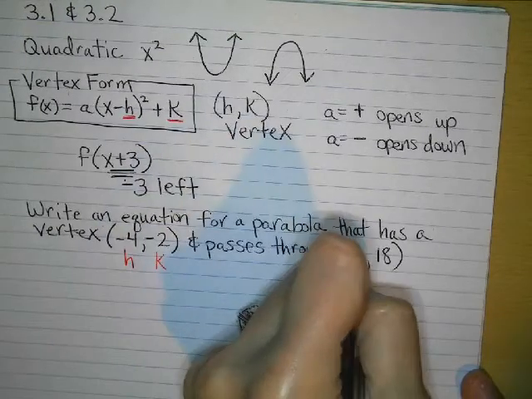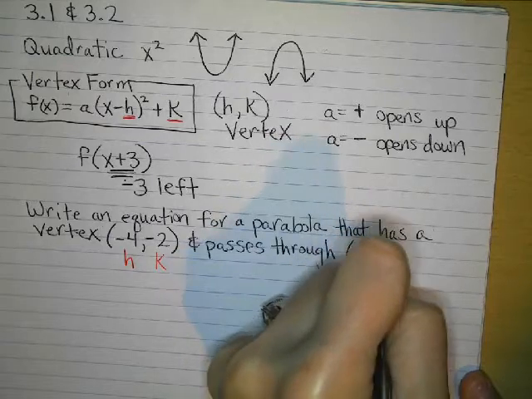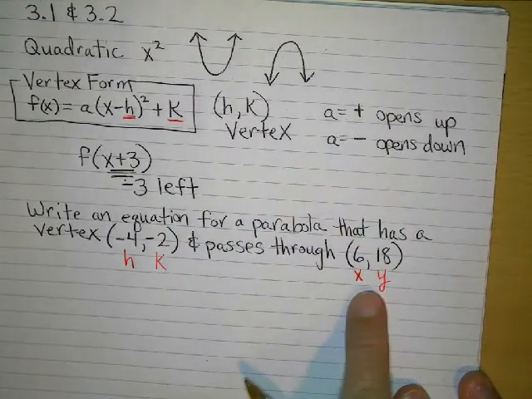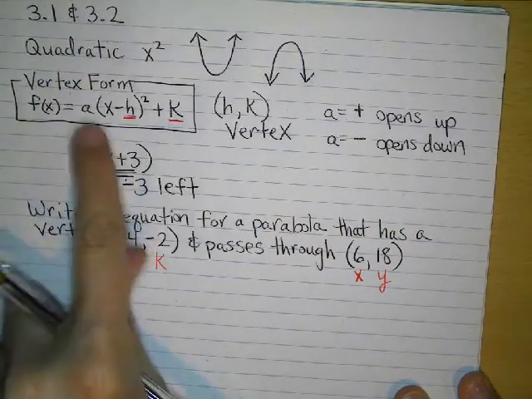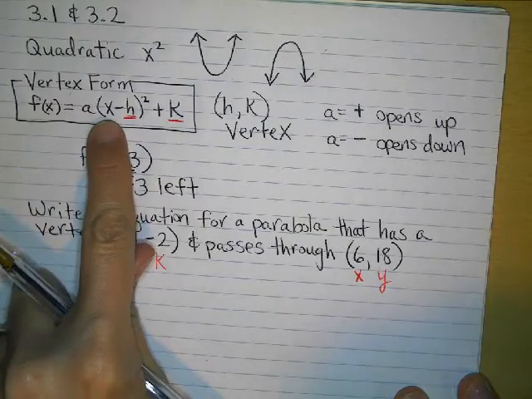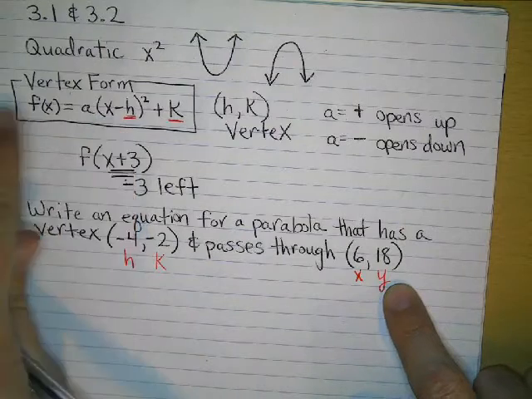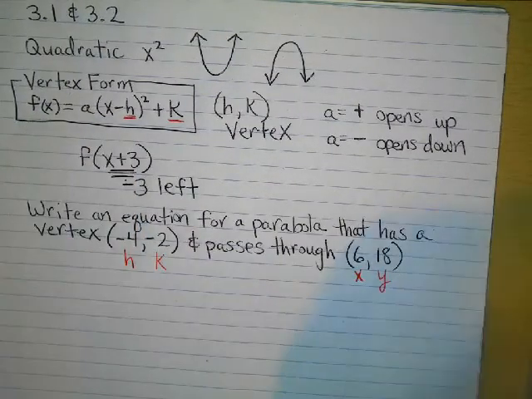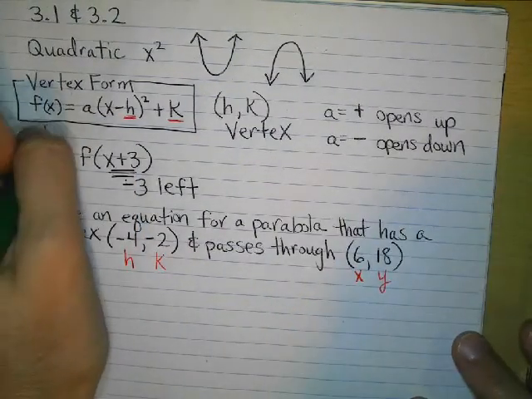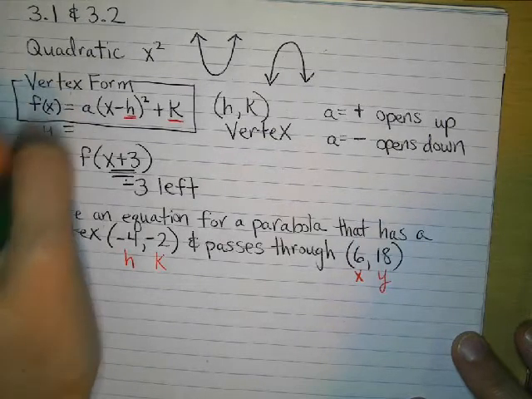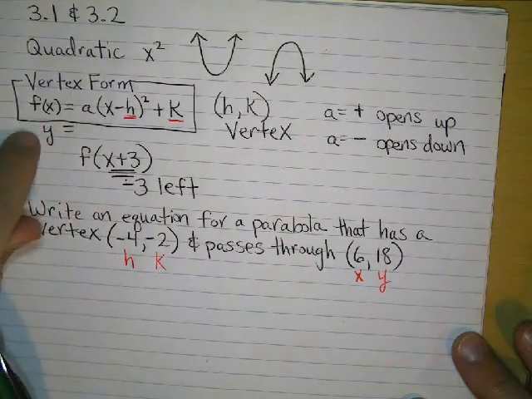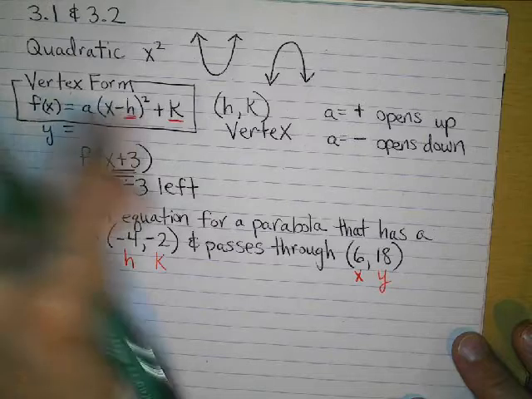And this other point can be X and Y. You can plug that in for X and Y up here in the formula. So here's an X. What about Y? Well, f of X is like the Y. I know a lot of you already knew that, just restating that. If it says f of X, that's really like a Y. Y equals all this stuff.